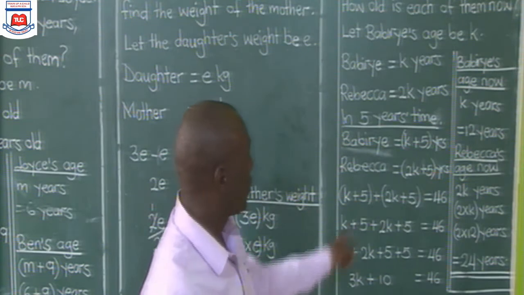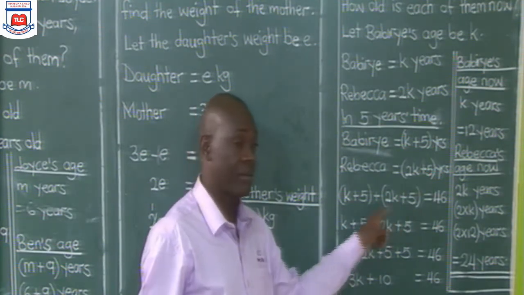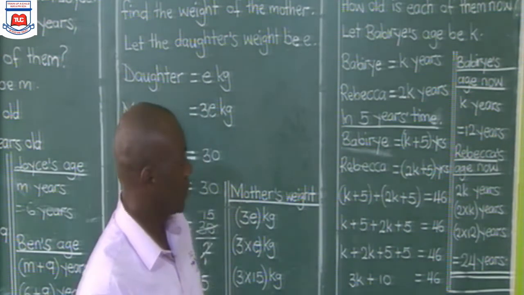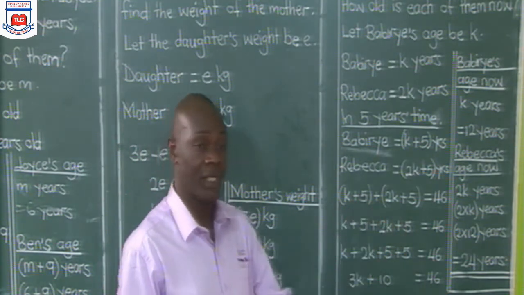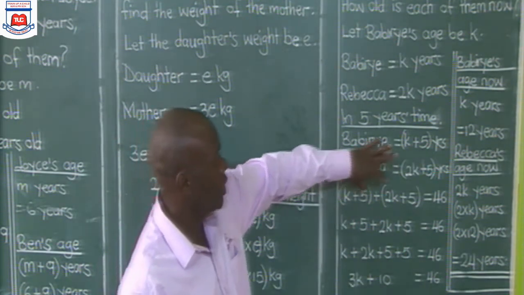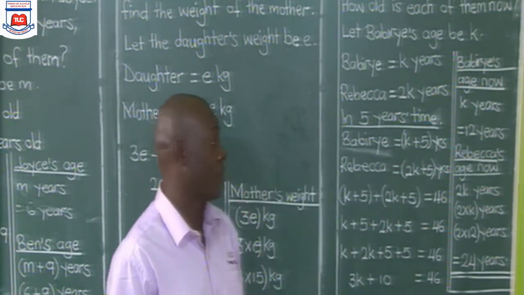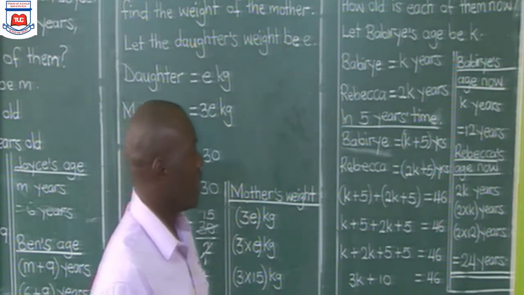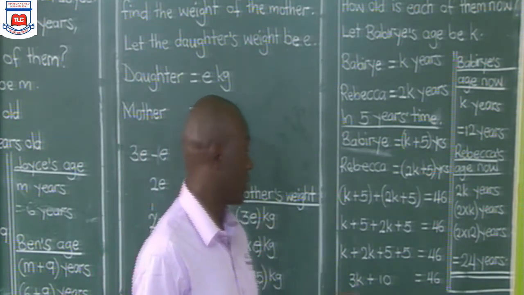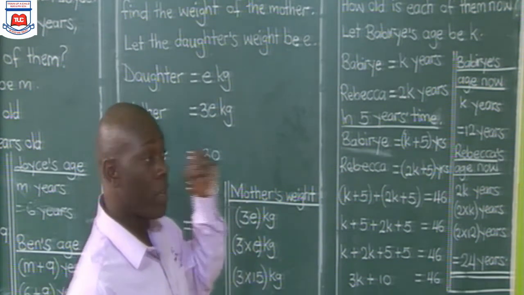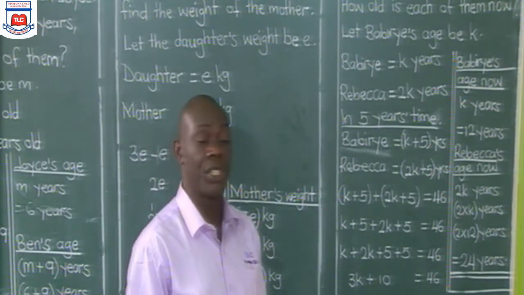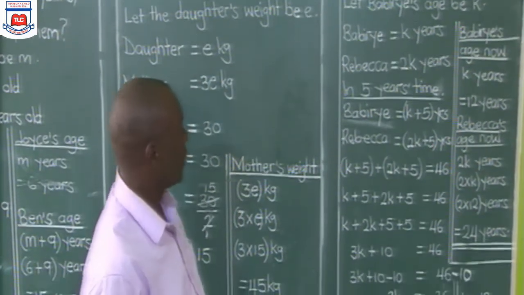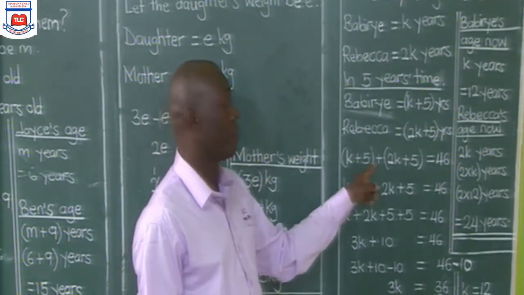But form it when the brackets are still there, so that there are 2 parties only. That is, one's age plus another one's age after 5 years. Now, you are opening the brackets. It should be noted that when opening the brackets, we multiply. And here, we don't have anything to multiply.